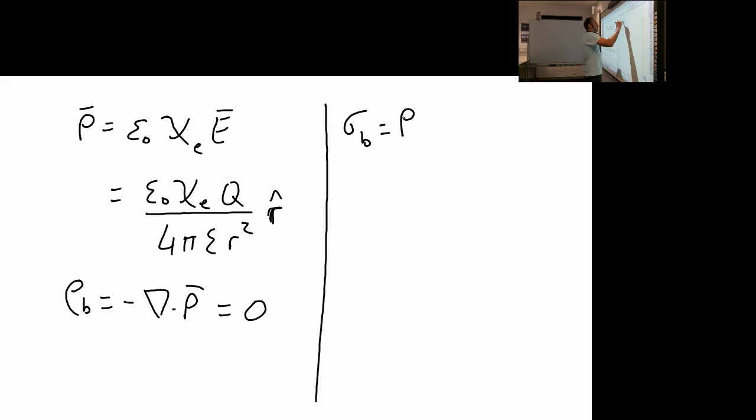Now for the surface charge density, what we have is sigma equal to P dot n hat.